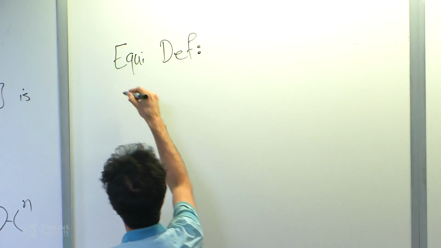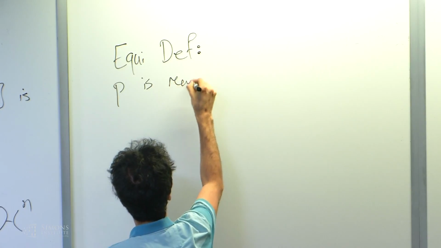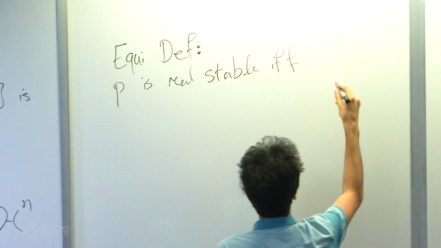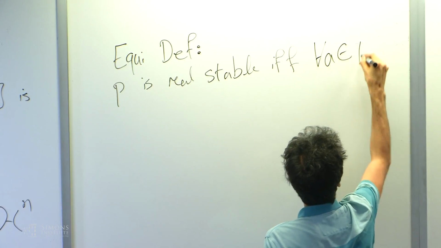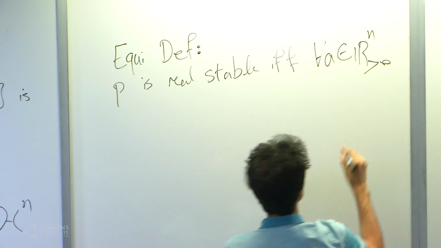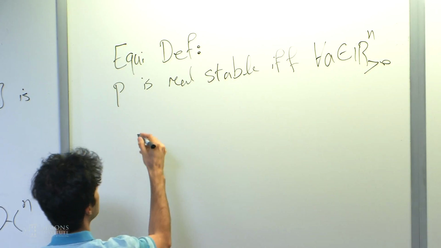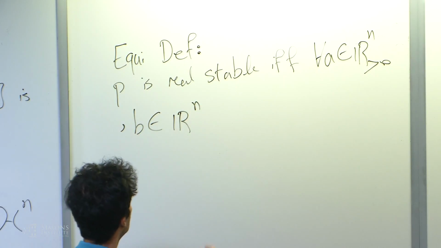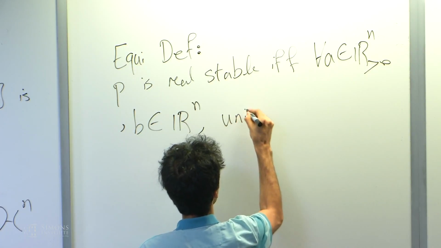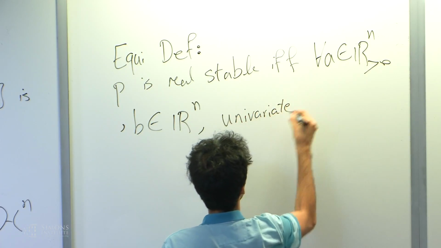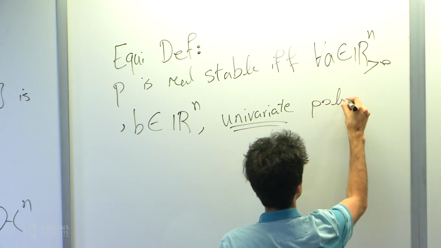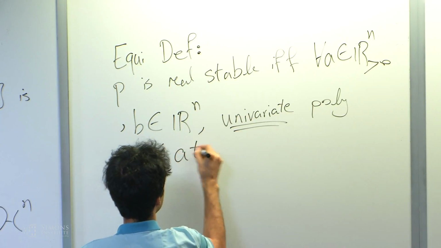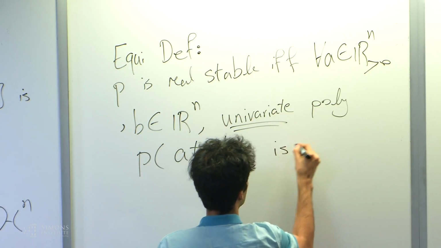So it says that P is real stable if and only if for all vectors a in R^n which are positive, so every vector where all coordinates are positive, and b in R^n, so b does not have to be positive, the univariate polynomial P of at plus b is real rooted.